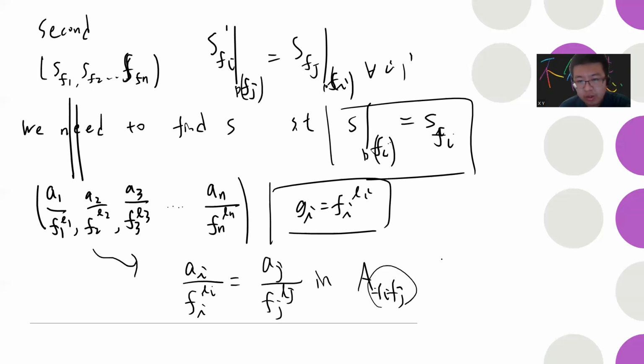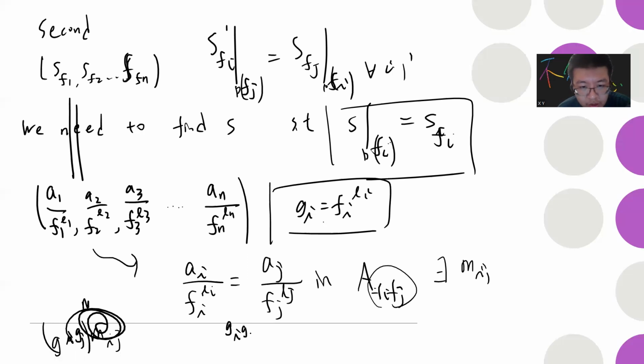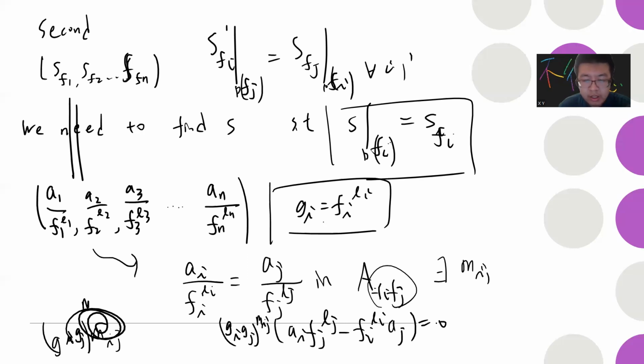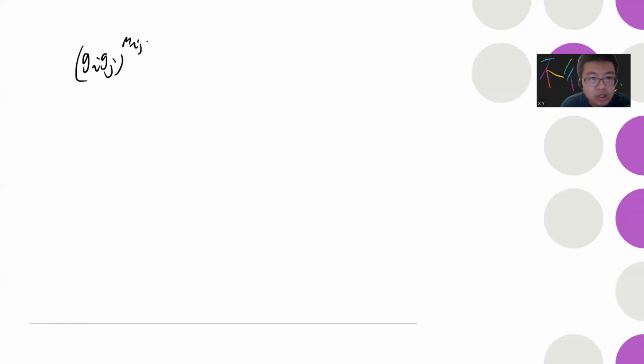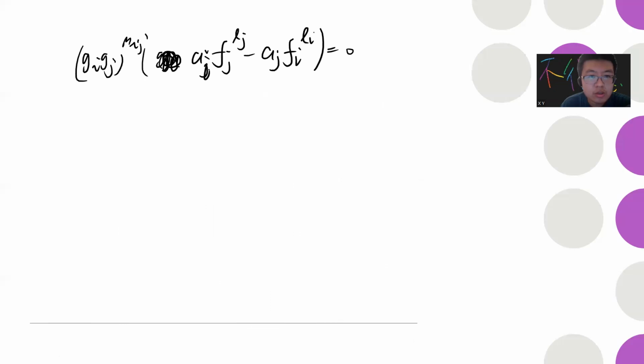Which means that you can find a power m_ij such that (g_i g_j)^{m_ij} times (a_i f_j^{l_j} minus f_i^{l_i} a_j) is 0. So let's write it down: (g_i g_j)^{m_ij} (a_i g_j minus a_j g_i) is 0. Let's change the notation.